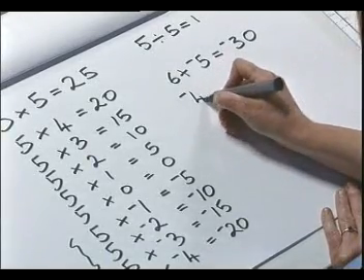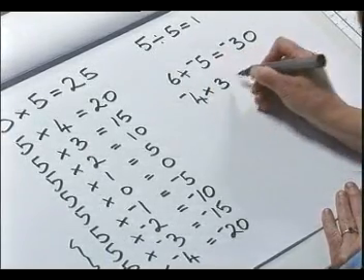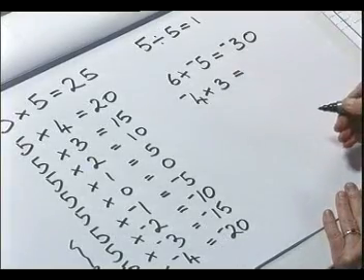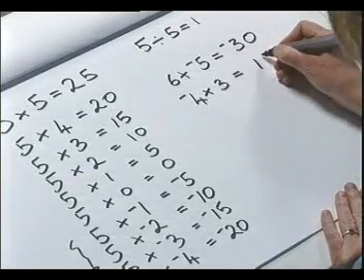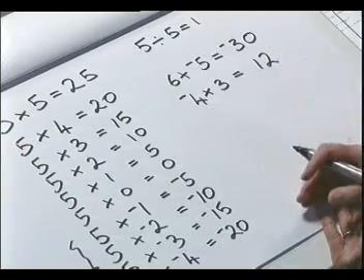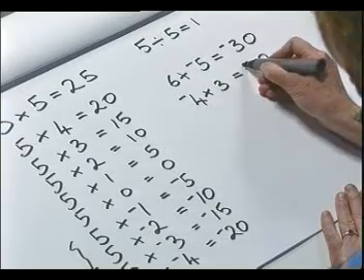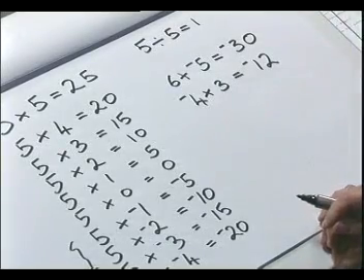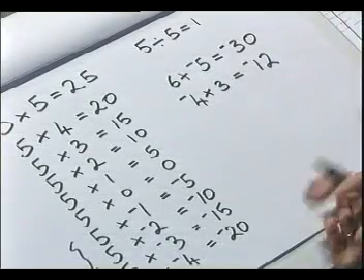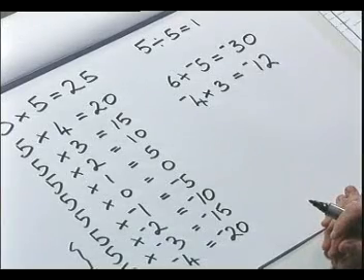If we take -4 times by 3, multiply as normal, 3 4s are 12, and then take into account the signs. This is a negative, this is a positive, two signs different, so the answer is negative. And the same goes for division.